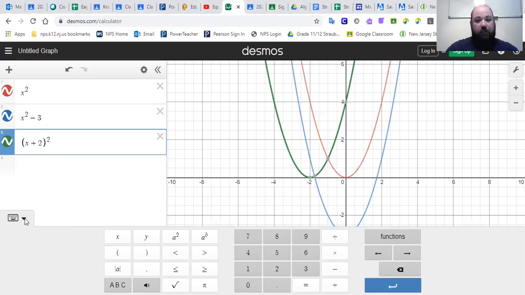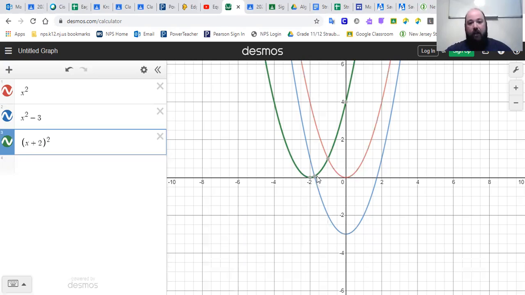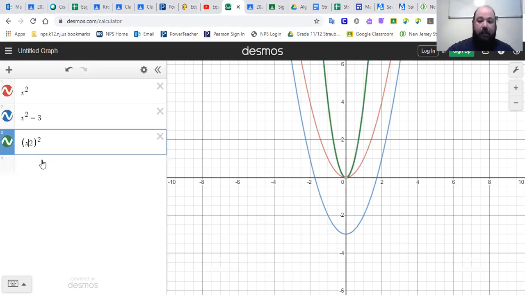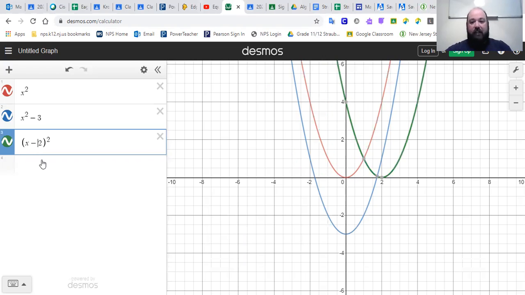Now we have this green quadratic, which is now x plus 2. Again, that's a translation that was applied, okay? But we notice that we shifted to the left. If I changed this x plus 2 and made it x minus 2, we would see that it would translate 2 units to the right.